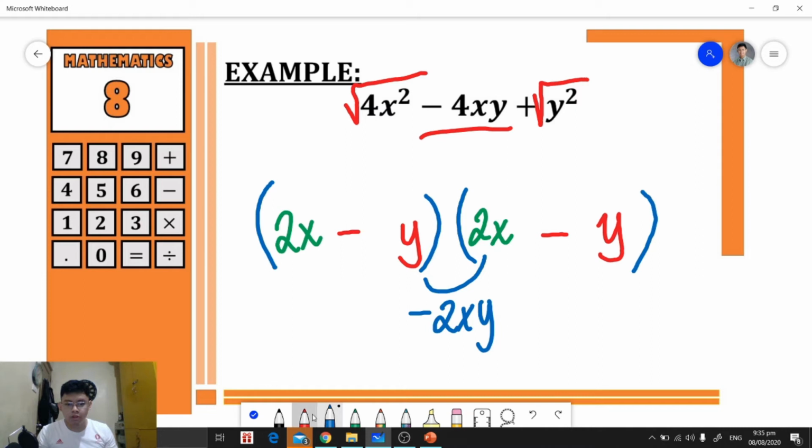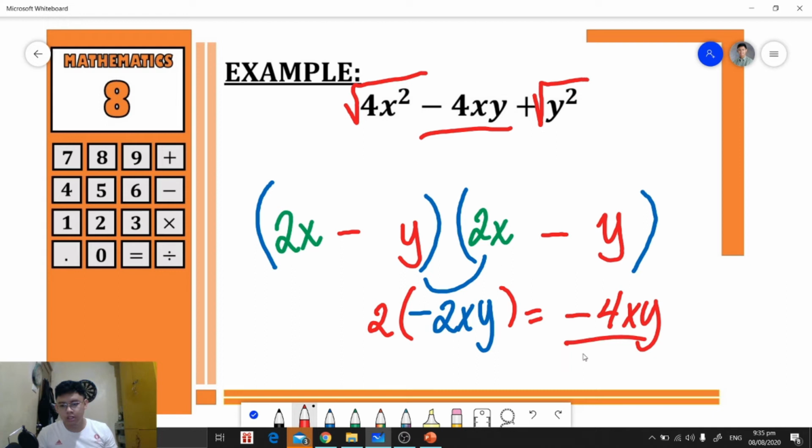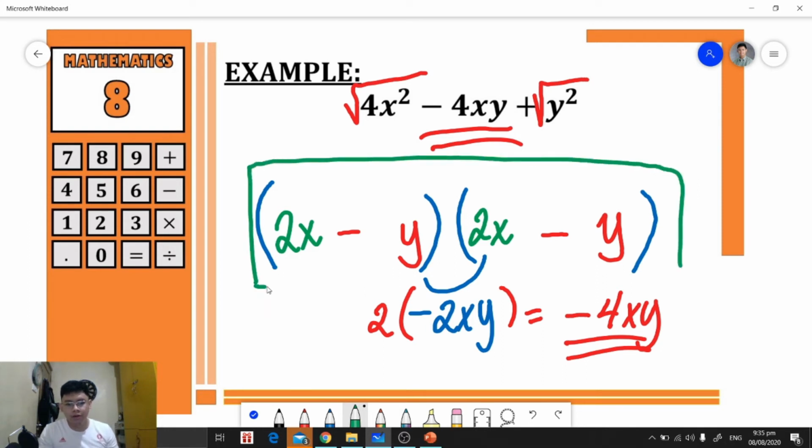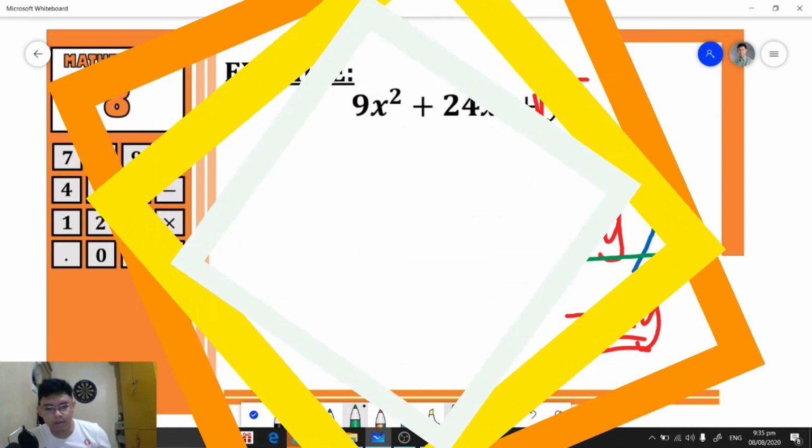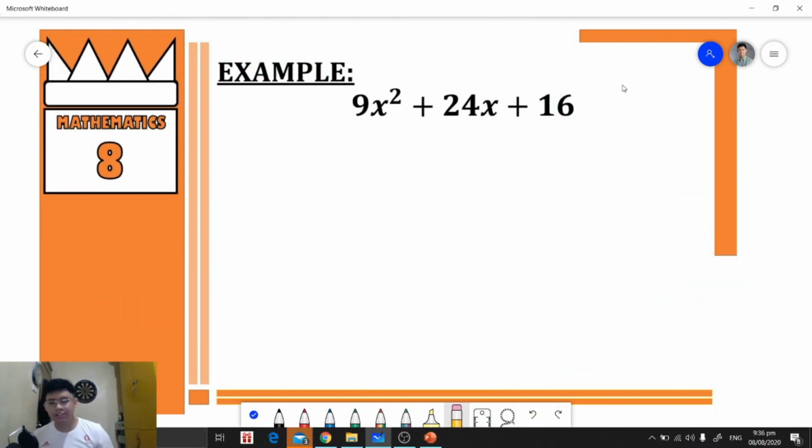Then we will double the result, and it should be equal to our middle term, which is negative 4xy. Since this is the same, we can now conclude that this is the factor of our given trinomial.